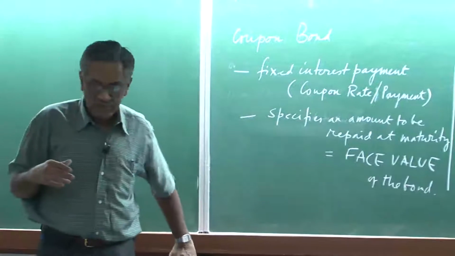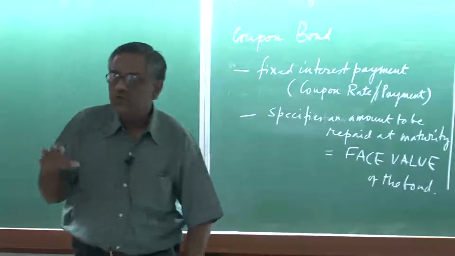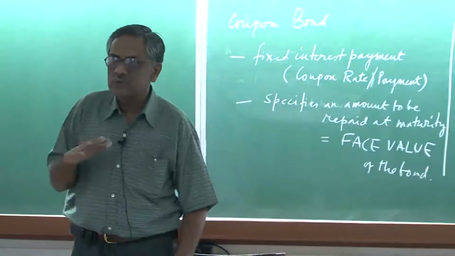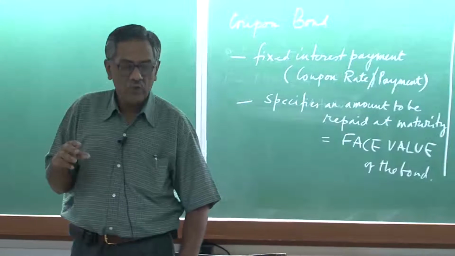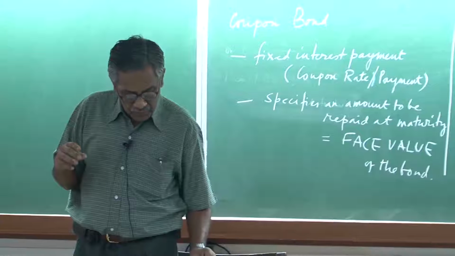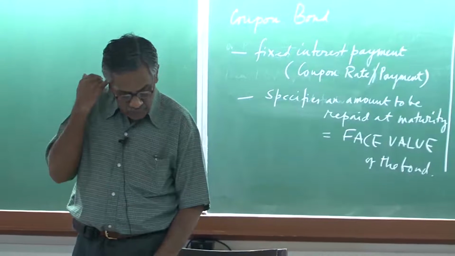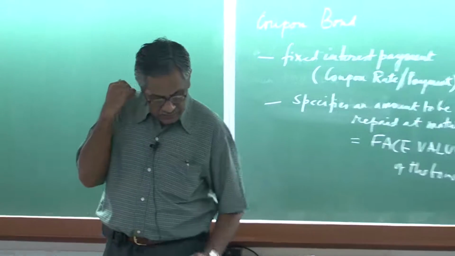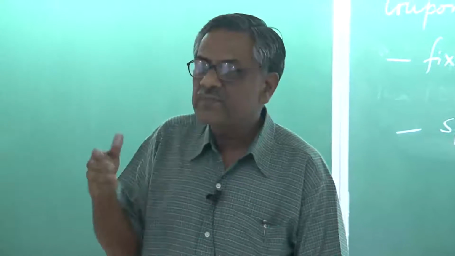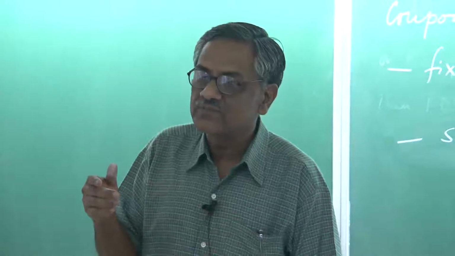All right. Now, I am coming to a very interesting aspect of these coupon bonds. Before I do that, I come to how they develop a secondary market, it is very interesting.